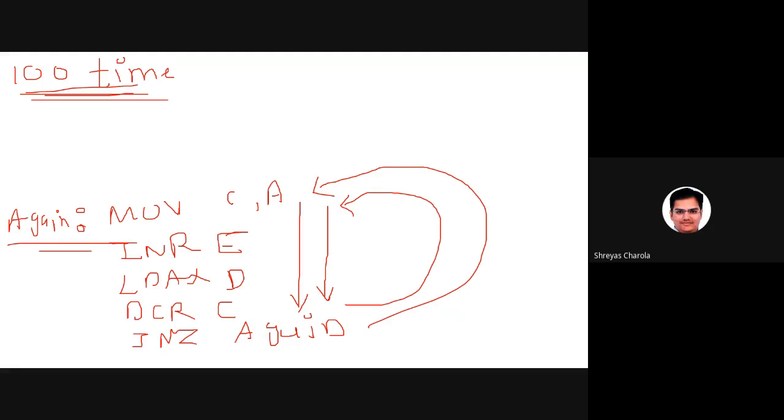Correct, Anand. Change the value of the counter, and the loop will rotate that many times.